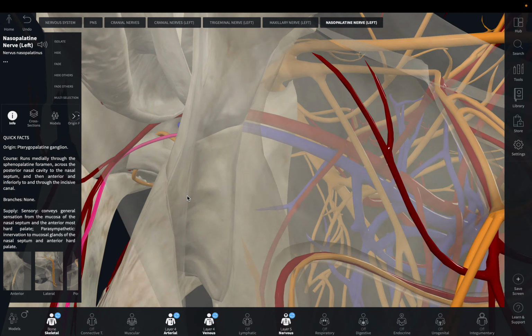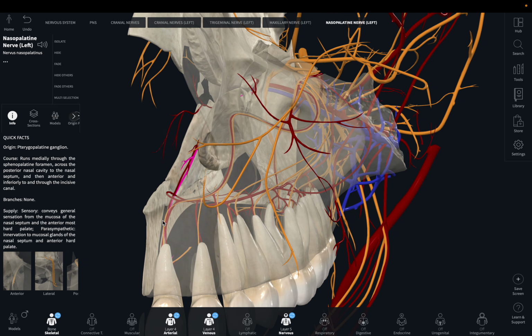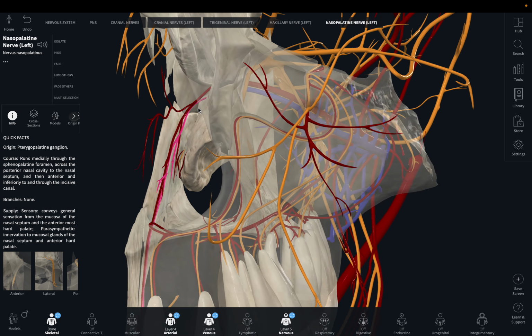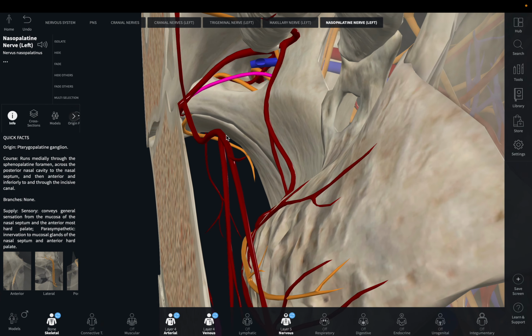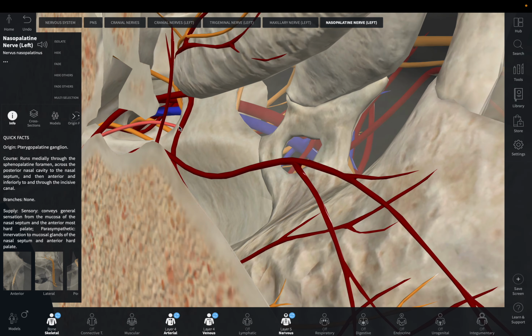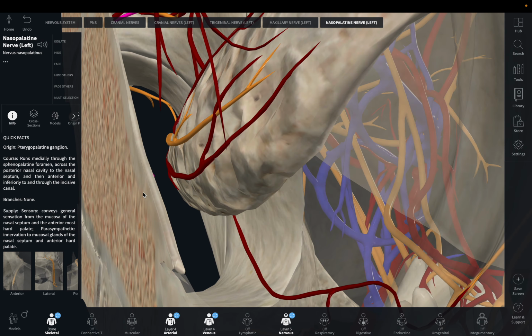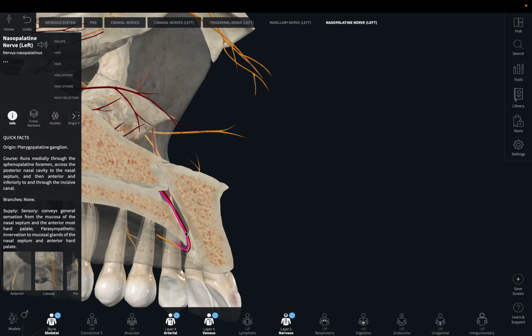It was hard to see from that angle, but as we mentioned before, it runs on the medial wall of the nose. It comes through the sphenopalatine foramen with the sphenopalatine artery, just back there. So it comes out there and then comes out of the incisive canal or the incisive foramen or the nasopalatine foramen to supply the anterior palate.